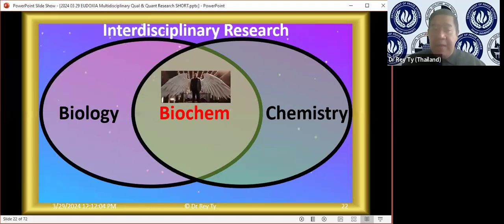But to maintain water in our body, we have to have some elements of sodium chloride, potassium, magnesium, for example. So biochem is the real merger. Within our body, we are biological entities with chemicals in our body, but we also are guided by movements. That's physics. So we are, in fact, three in one as human beings.